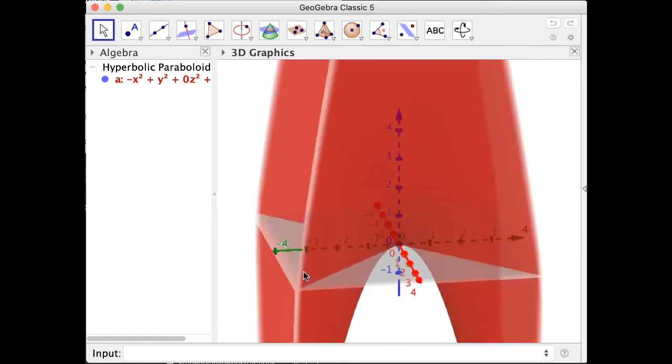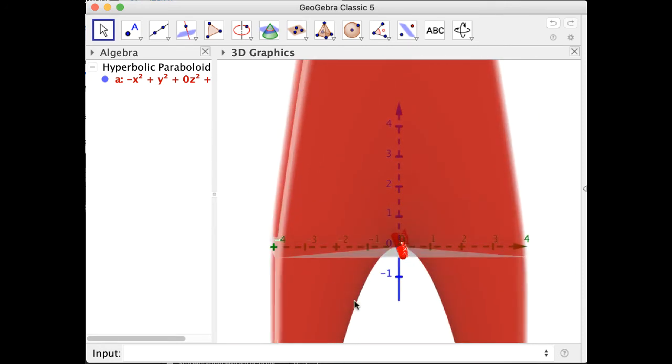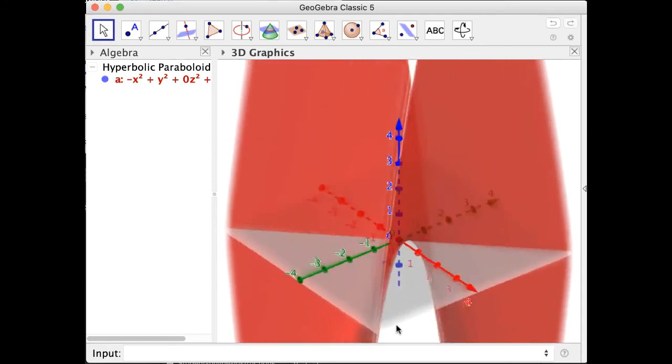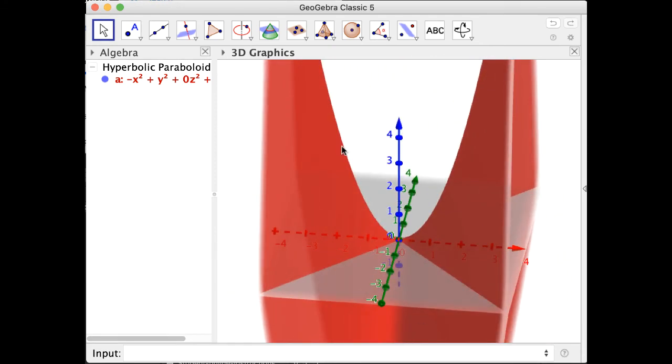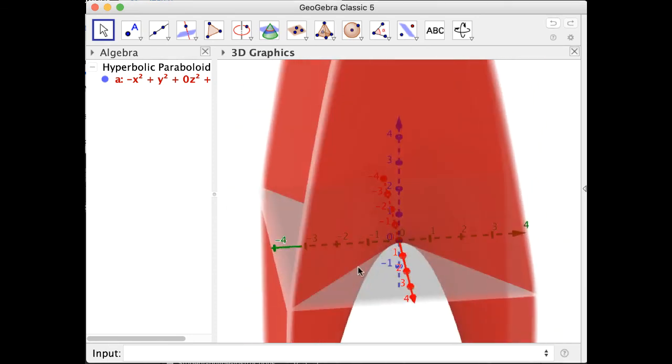On the other hand, if you approach the origin from this direction, you see an increase in the value of the function. So with saddle points, depending on the trajectory that you choose to approach the origin, you either see it decreasing or increasing.